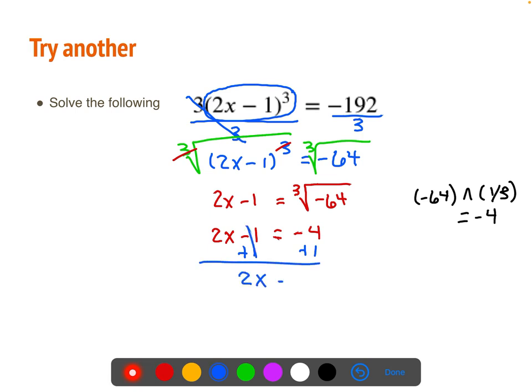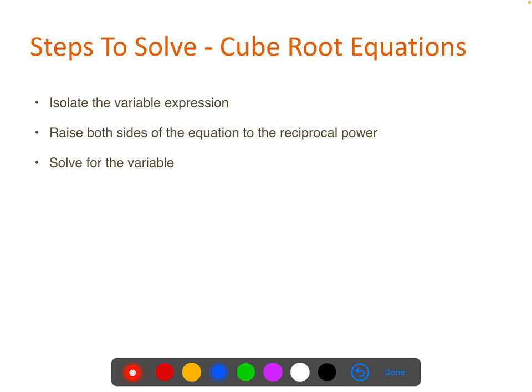So I'm going to add 1 to both sides and divide by 2. And I get the answer is negative 3/2. So again, isolate, cube root, solve for x. That's cubic equations.